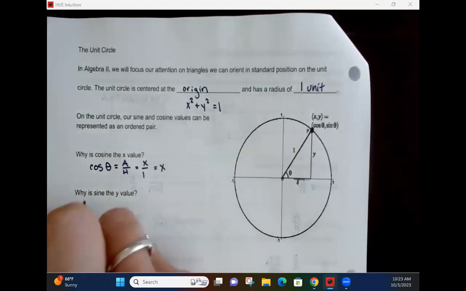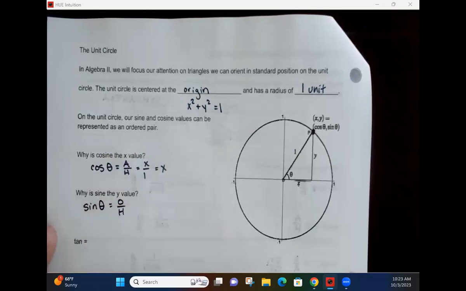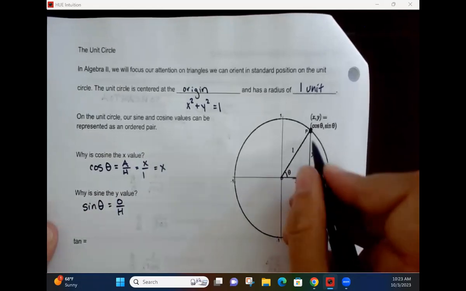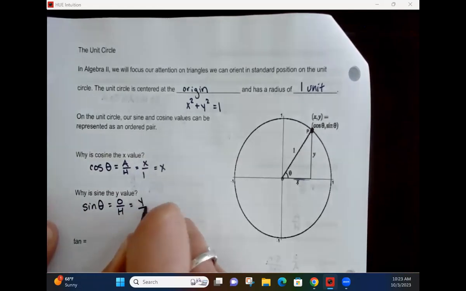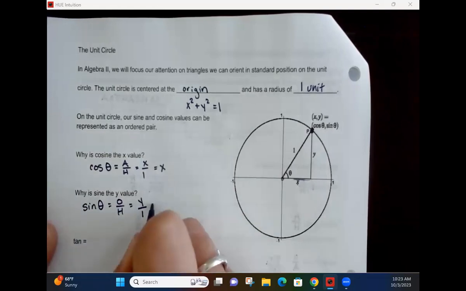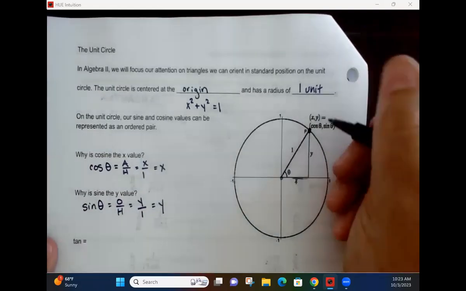For sine, same idea. Sine of theta is opposite over hypotenuse. Well, the opposite is y. How tall is that side? It's y units tall. And the hypotenuse is 1. Well, that's just y. That's just the y coordinate of whatever this point is.